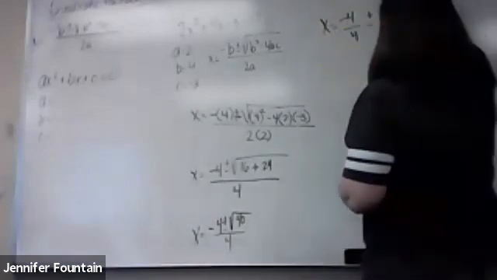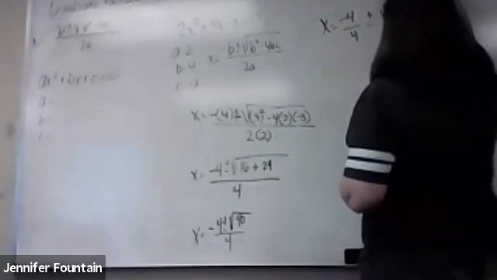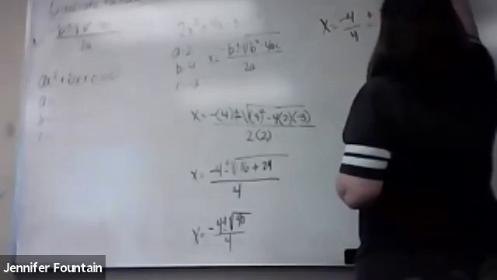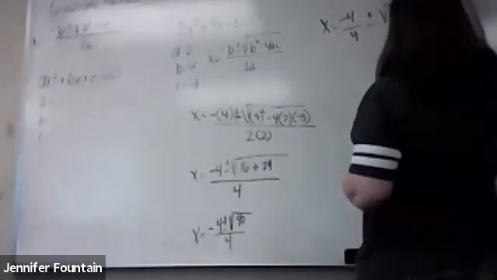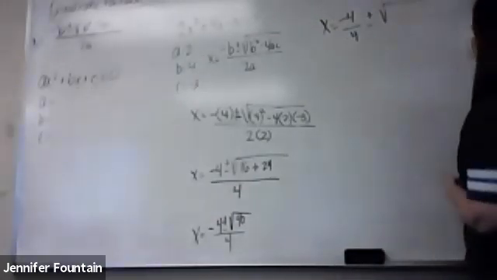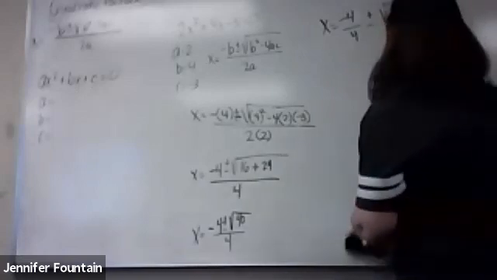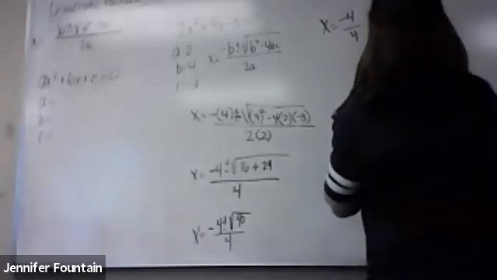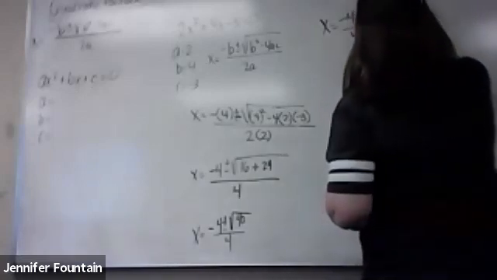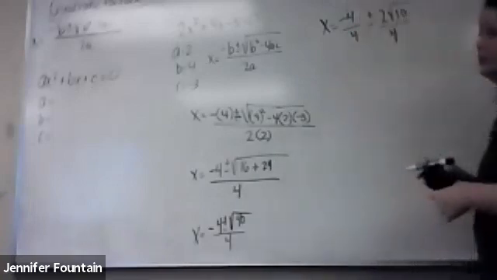So we said the square root of 40 is equal to 2 times 2 times 2 times 5. My buddies are my 2, so it's going to be 2 times the square root of 10. Okay, so this becomes 2 times the square root of 10 over 4.